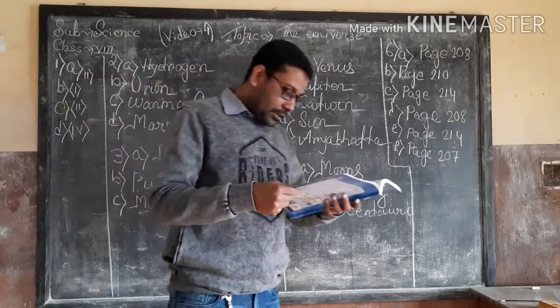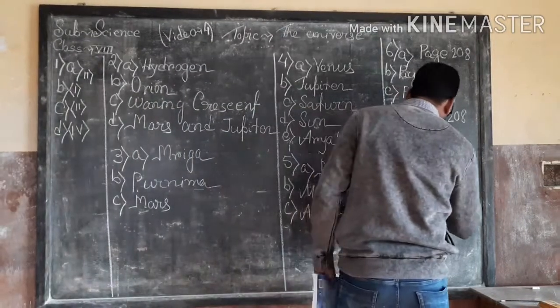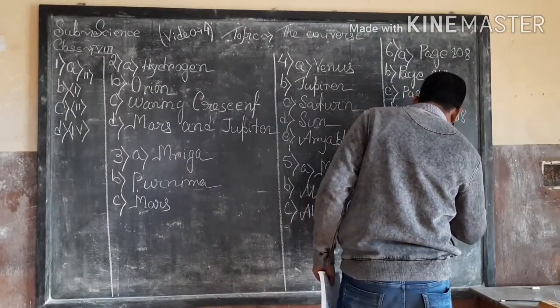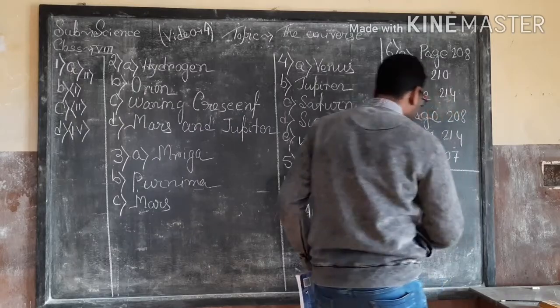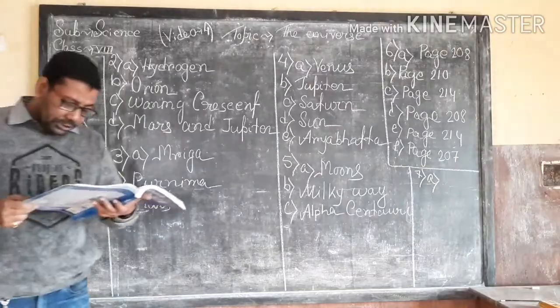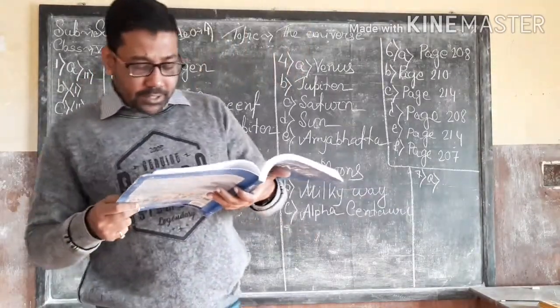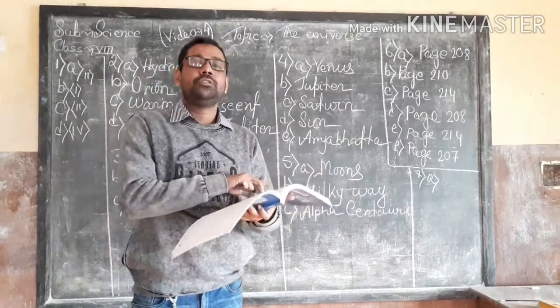Next, the long answer type questions. A. Explain the atmospheric conditions on the moon.